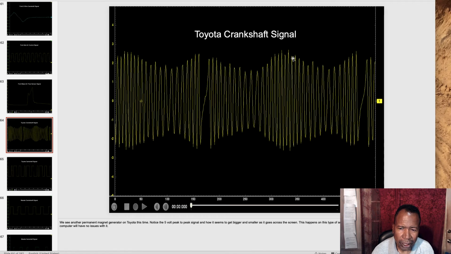Small, big. Usually in any other car, I would think this would be a problem. But on the Toyotas, because of the way the material is made up, and several different reasons, this is a known good signal, and the PC had no problem receiving it. Again, it's a Toyota crankshaft signal, a known good pattern.